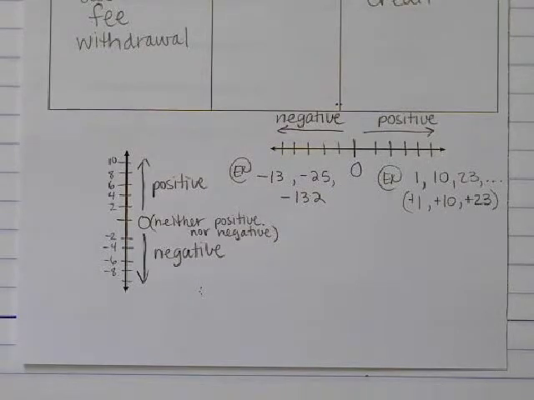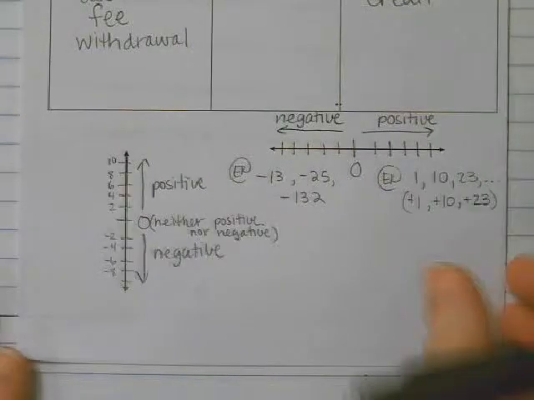Okay, so we have our positive and negative values. So if I go back to my definition, I had that term opposite in the definition. And I said opposite meant the same distance from 0, right? So if we look at the next page of our notes, that's what we're going to be referring to.